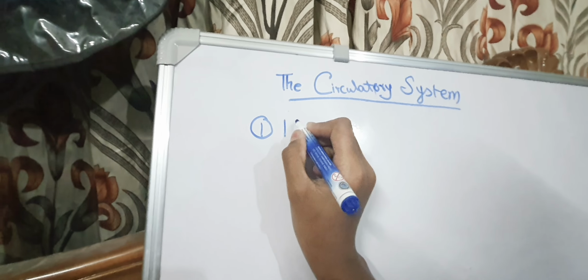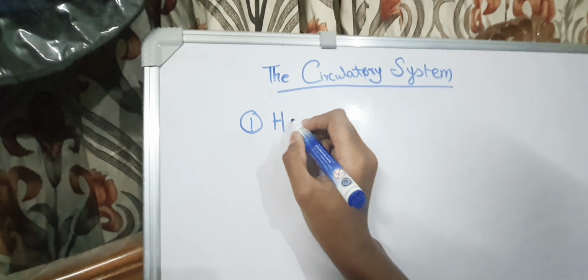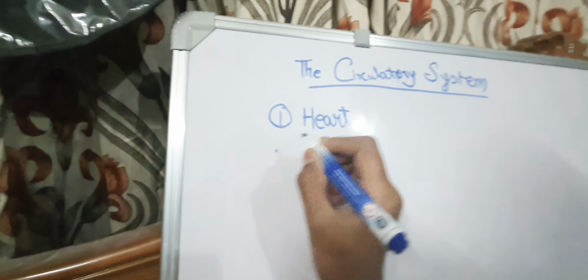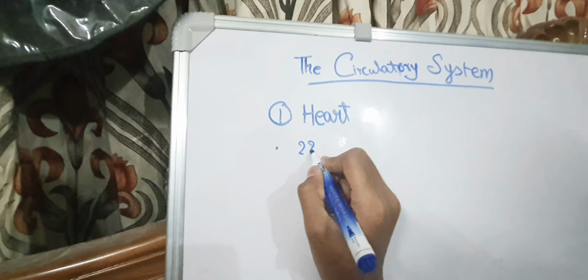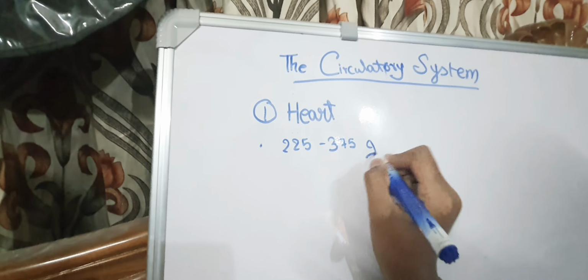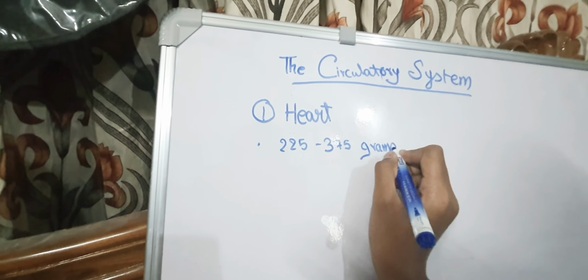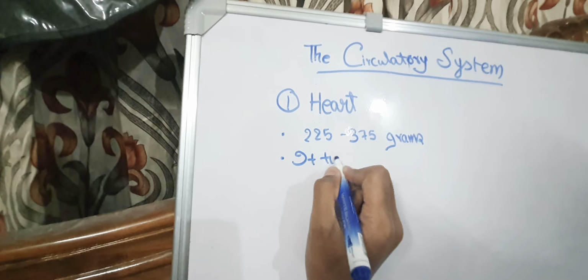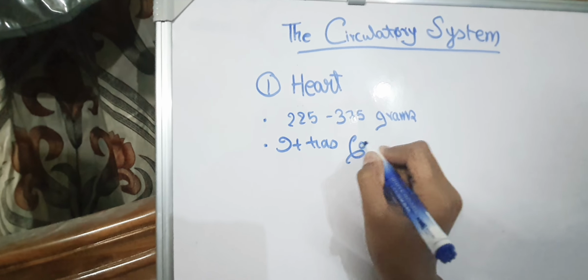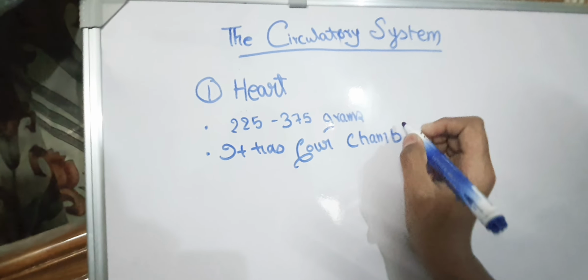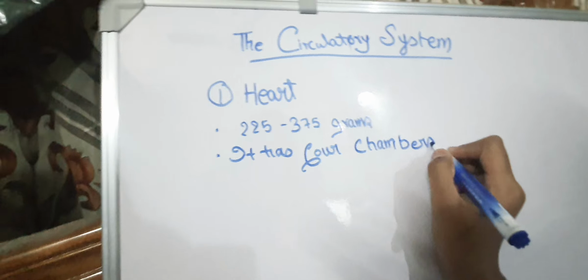The circulatory system consists of the primary organ and one of the most important organs of our human body, the heart, which weighs about 225 to 375 grams. I'm giving some key points and key features, please take a note. It has four chambers.